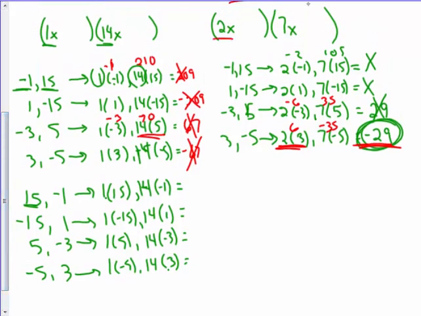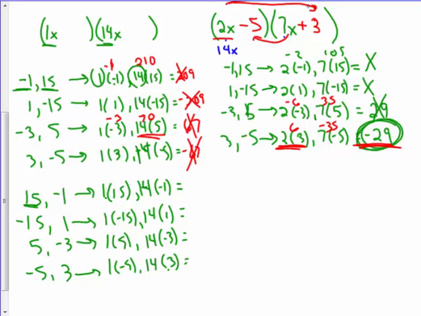So what's the answer going to be? Well, I have to take 2 times 3, so that has to be a positive 3 over there. I'm going to have to take the 7x times negative 5, so that has to be a negative 5. And now I can't forget about what I had out in front, which was a 2x.